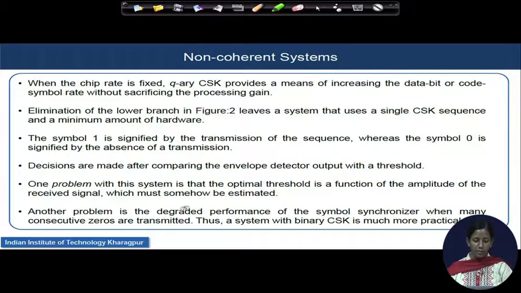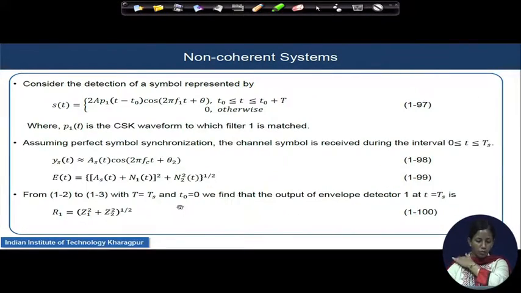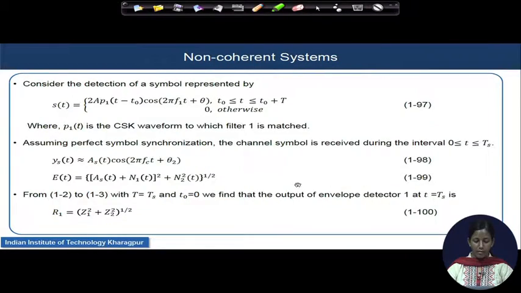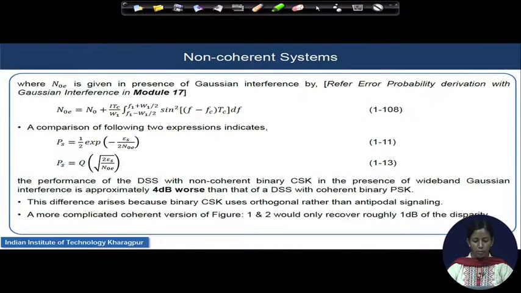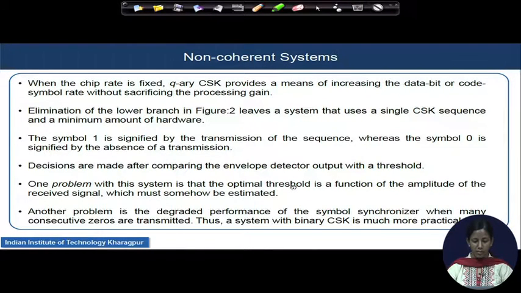And if I now eliminate the lower branch of this figure number 2, so if I discard this whole branch, it will give you the single-carrier CSK system, and you can proceed with the calculation of the error probability for this single-array CSK system.